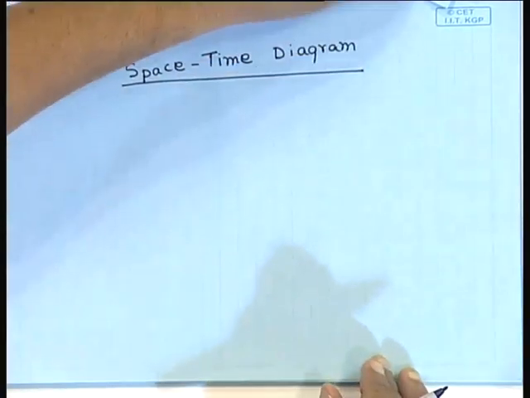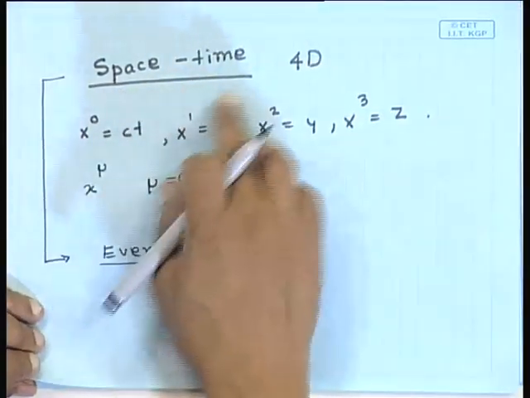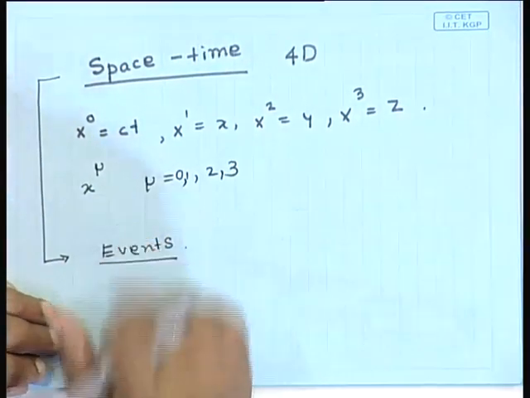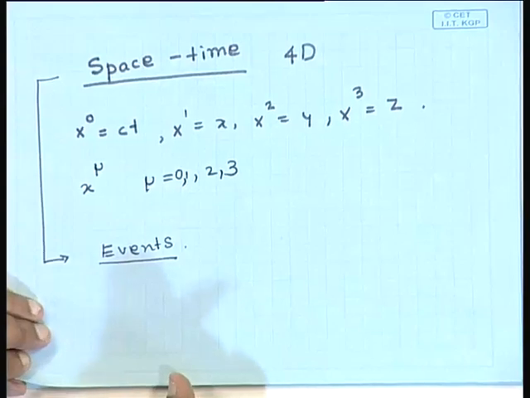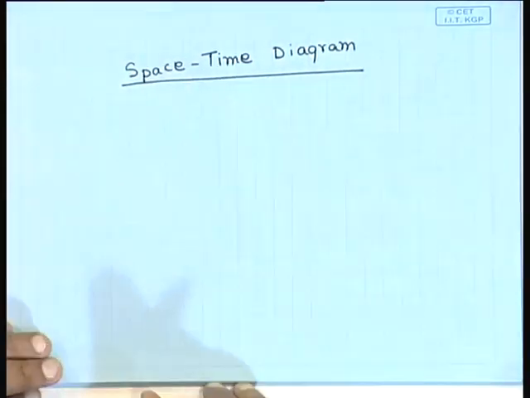So a space-time diagram is a method used to represent events and the relation between events. Now it would be a diagram of 4 dimensions. Drawing 4 dimensions on this 2-dimensional paper would be very difficult.